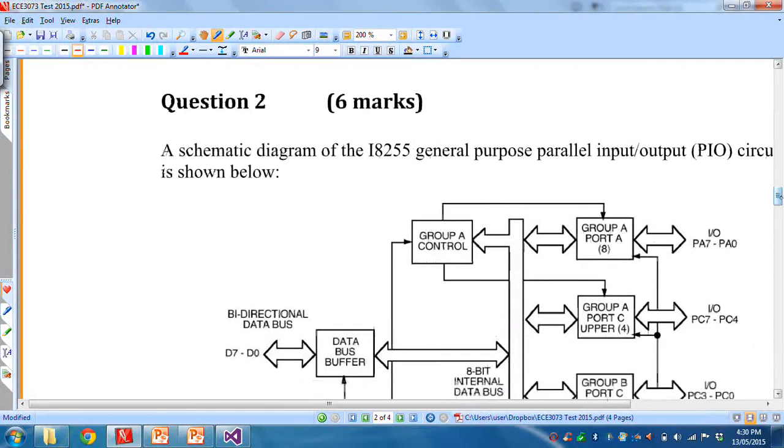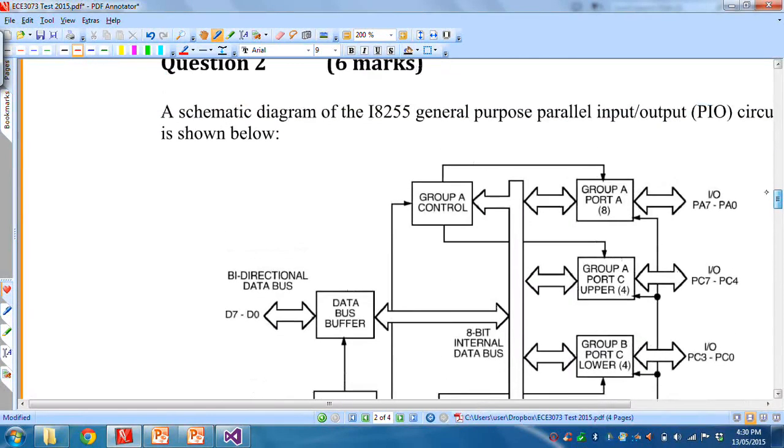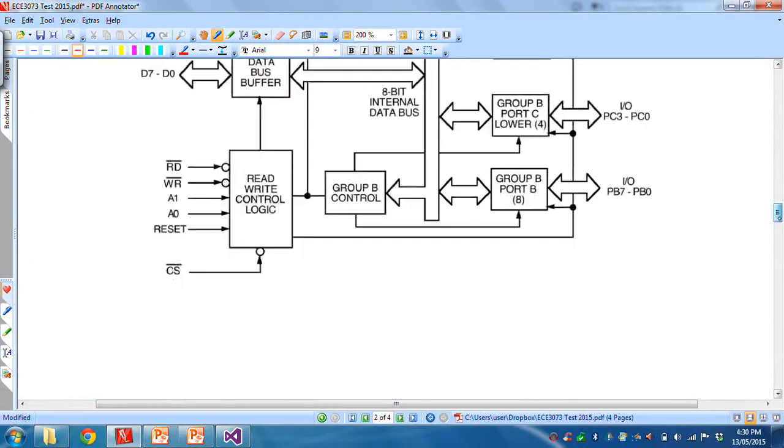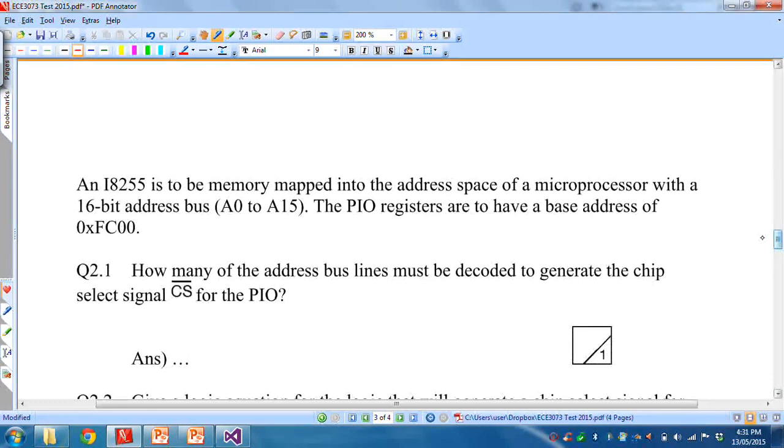So what's going on? We got some diagram here, and again, you don't need to, you've had it all explained in the course, but you can always just go back to your digital logic and try and solve this question. So, you got some memory mass address space, 16-bit bus, and how many of the bus lines must be decoded to generate chip select signal?